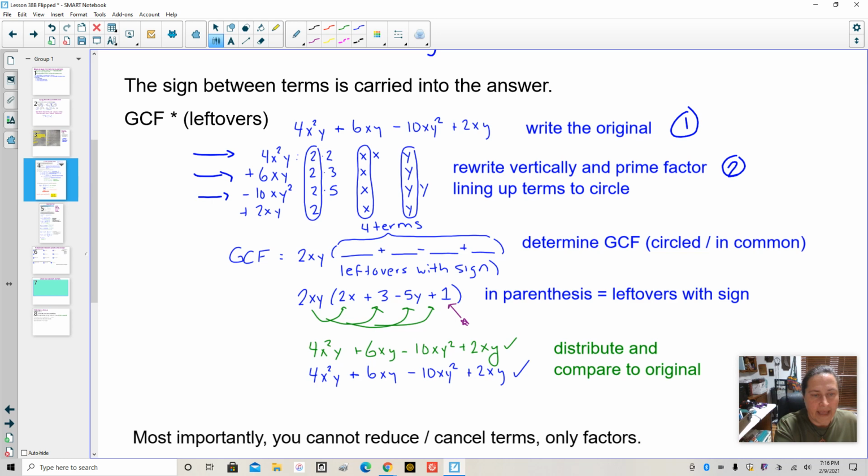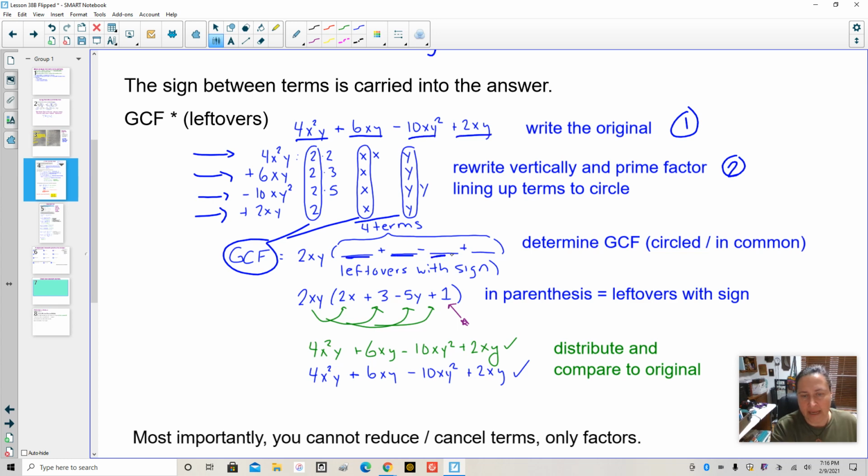Then I can actually look vertically and see that 2 goes into every one of them, x goes into every one of them, and y goes into every one of them. So that becomes my greatest common factor. All those things that are circled up there are my greatest common factor. Okay, so 2xy. And then I started with 4 terms, 1, 2, 3, 4 terms, so I'm going to have 4 terms in my factored form.